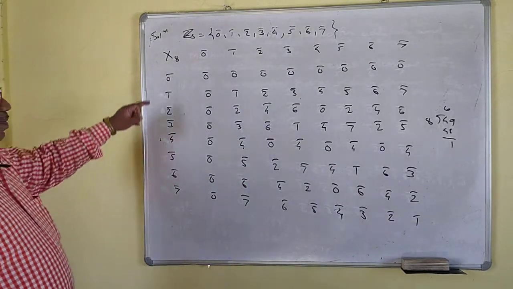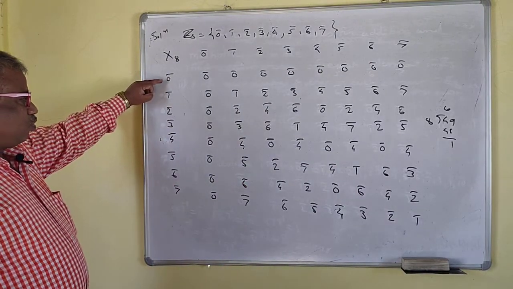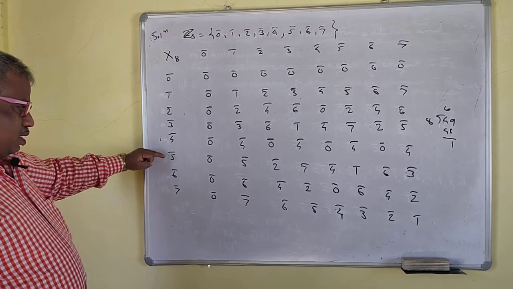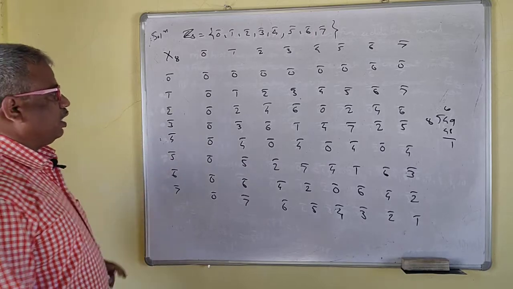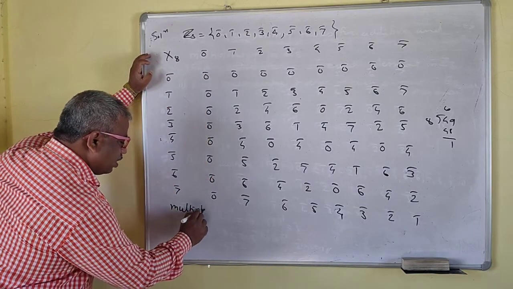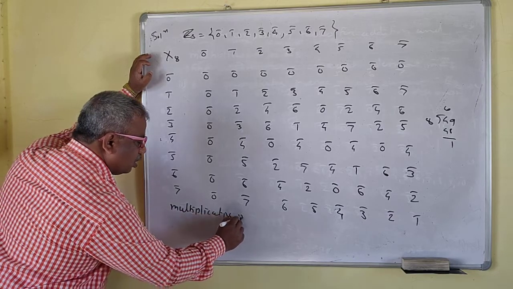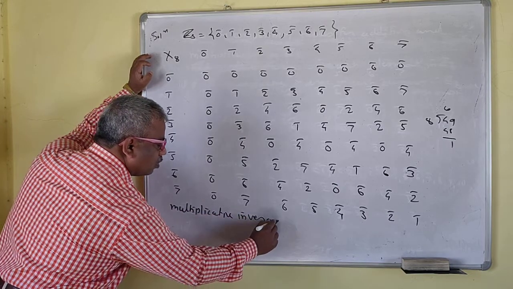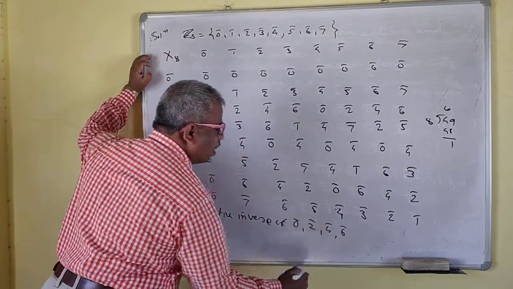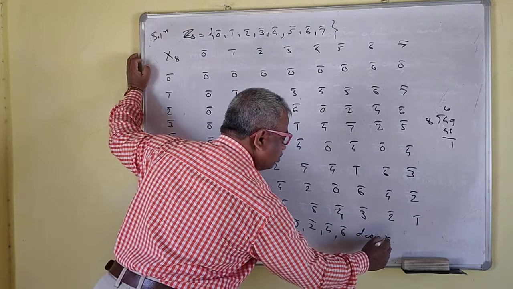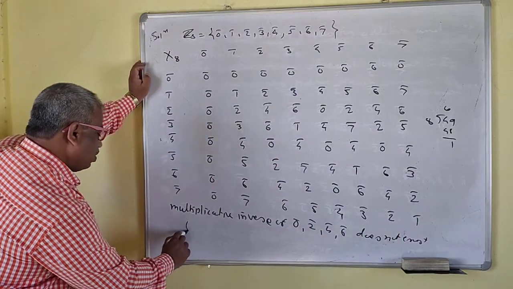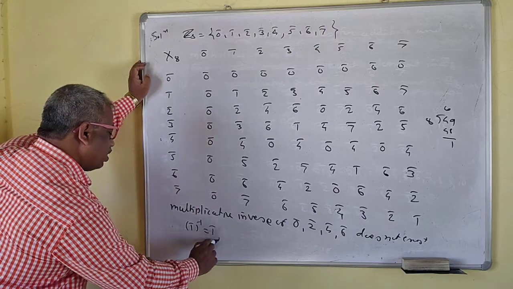Now see, the multiplicative inverse of 0 bar, 2 bar, 4 bar, 6 bar does not exist. Okay. And multiplicative inverse of 1 bar is 1 bar.